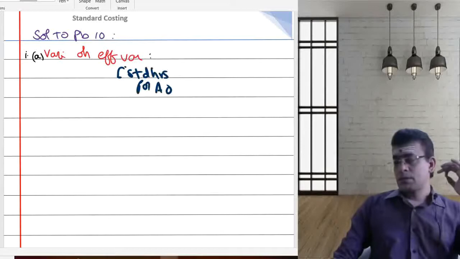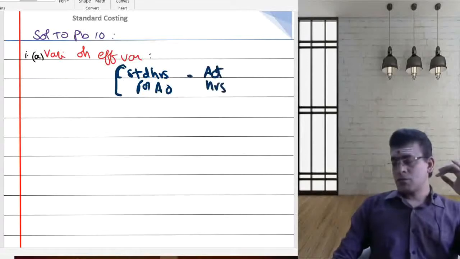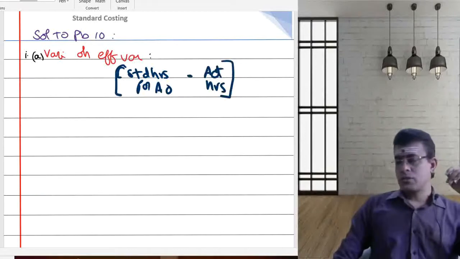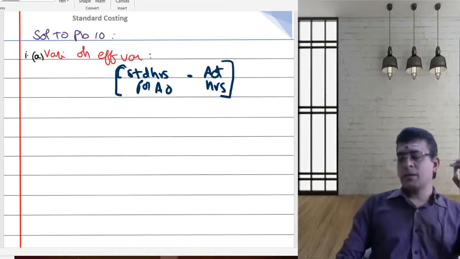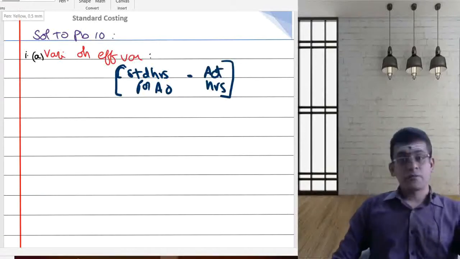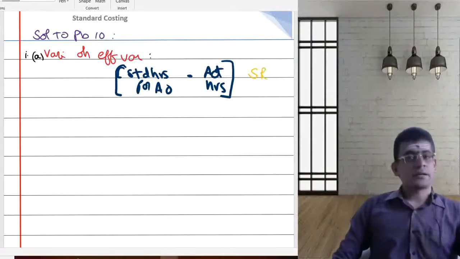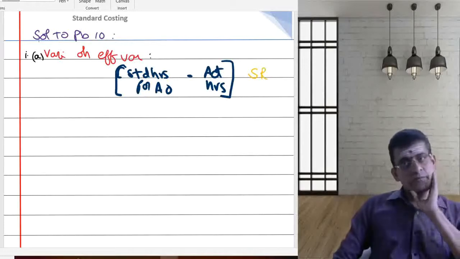What is this? This is nothing but the time allowed minus actual hours worked. So how many hours you are working, that I need to consider. So this entire thing being a part of your volume variance, efficiency variance, you are supposed to multiply with something called standard rate. That's it. That is the given formula.